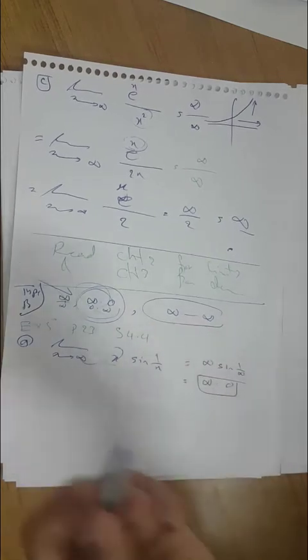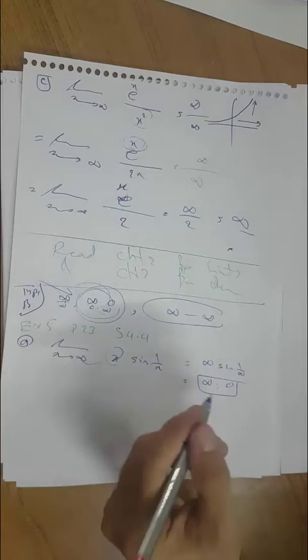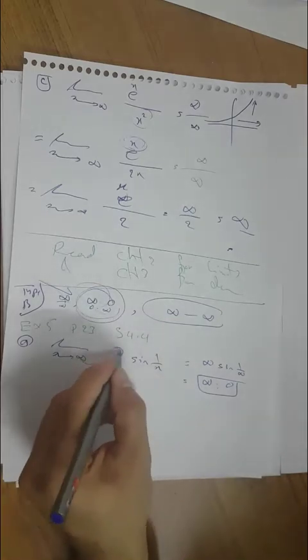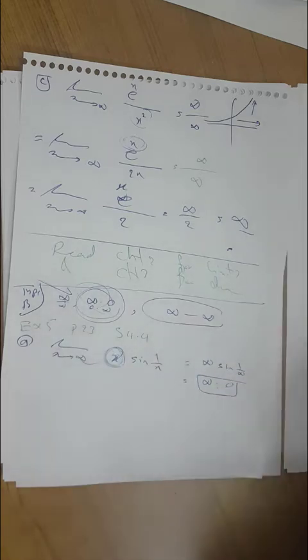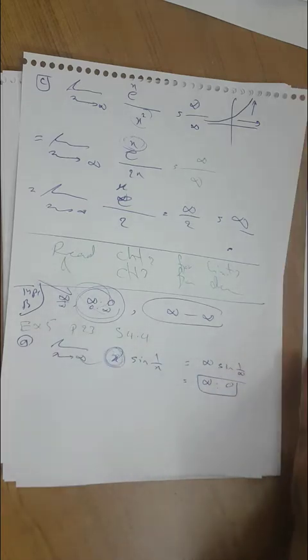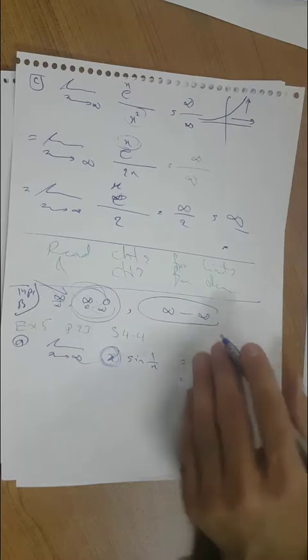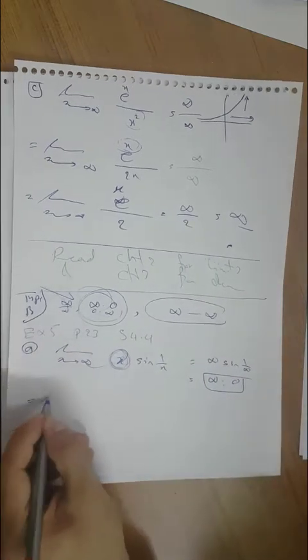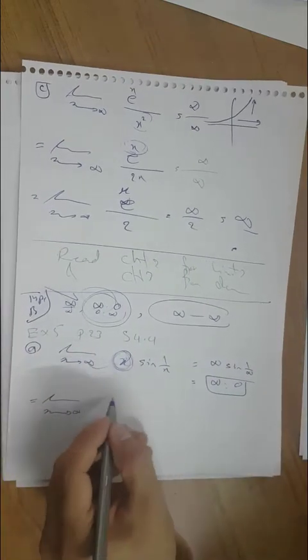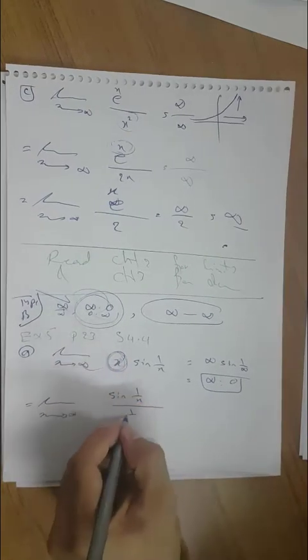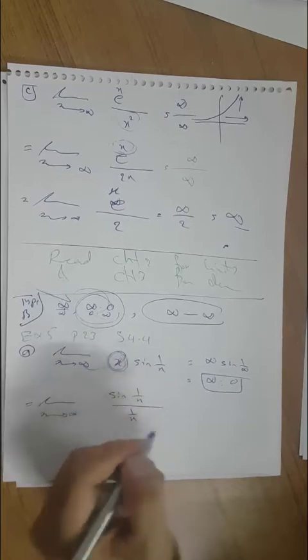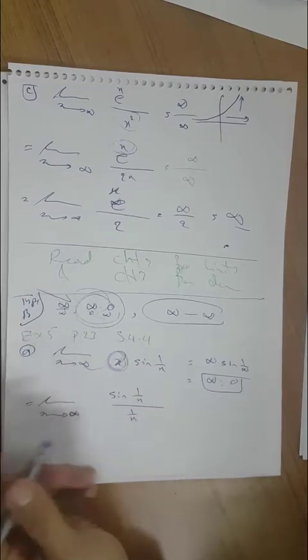It's an indeterminate form, type B. How do we deal with this one? It's very easy. Make the infinity go down. So it's equal to sine of 1 over x, over 1 over x. If I put 1 over x, I should bring it to the bottom.